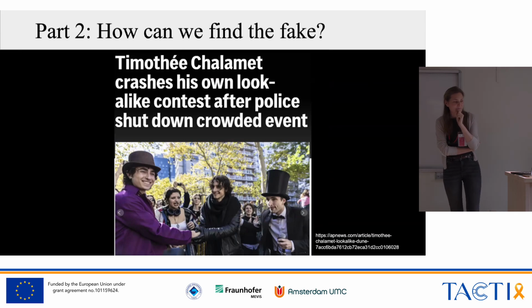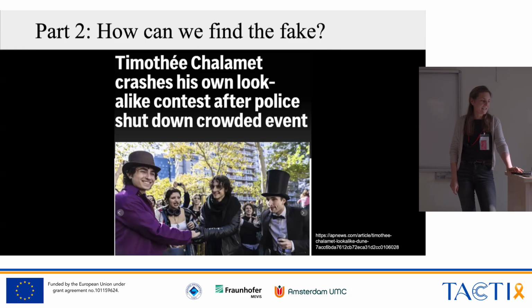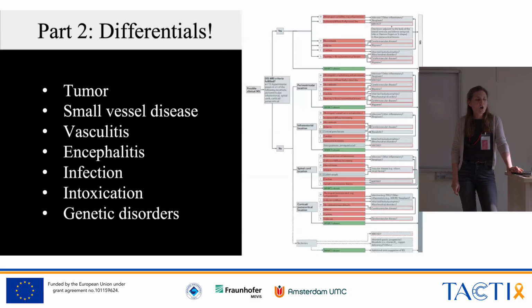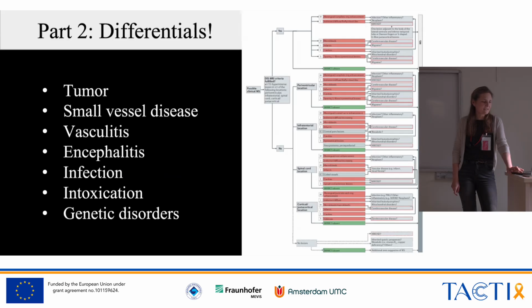So we have to get better indicators on how to rule out MS by confirming, for example, that something else is the case. And we have a long list of differentials. This is a paper I can really recommend to you. It's from a guy I always call Geramus.